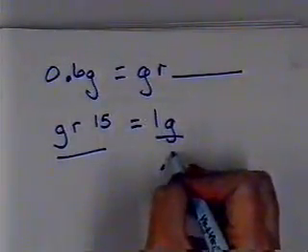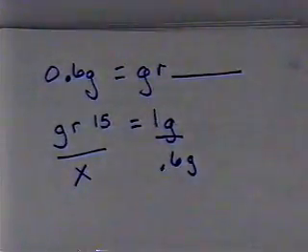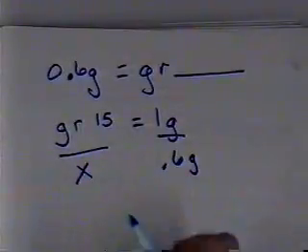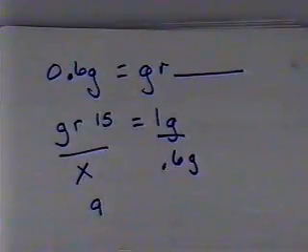So 0.6 goes under the grams, X. If you multiply 15 times 0.6, you get 9.